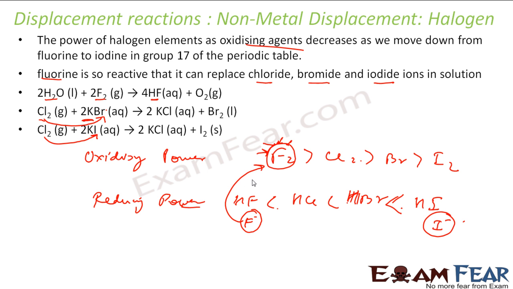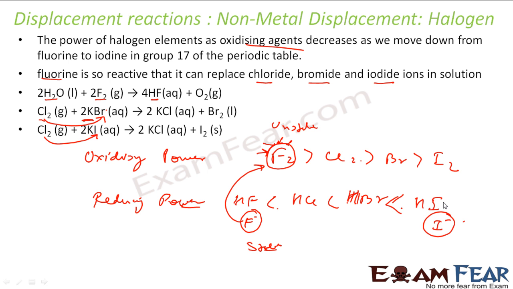As I told, that state is unstable and this is stable. If I'm talking about reducing power, it has to get oxidized. That means it has to go to the F2 state. It is in the -1 state, it will go to the 0 state. So this will not want to go to the F2 state, so it has less power to reduce.